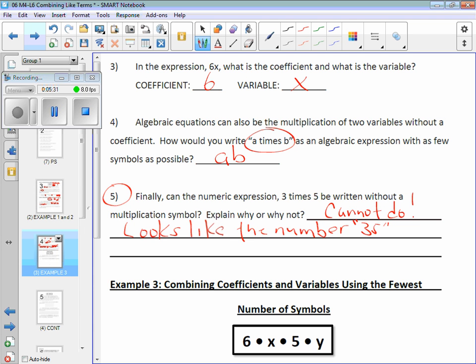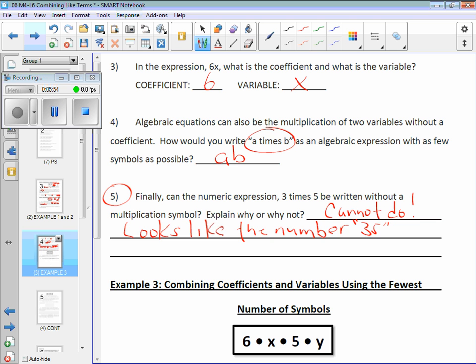Yeah, Charles. Wouldn't you be able to do it with just 35 because you know it's 3 times 5? But what if you don't know. If you give it to somebody else, let's say you put it together, yeah, maybe you know it's 3 times 5. The person you hand it off to wouldn't. Add the dot to be sure. It's just the way it gets done.